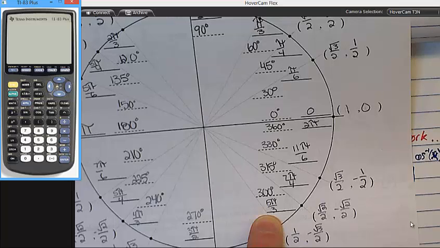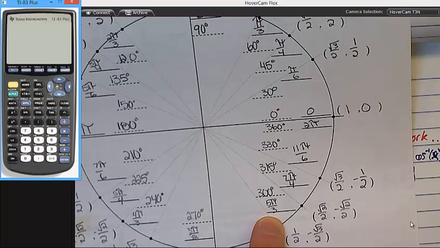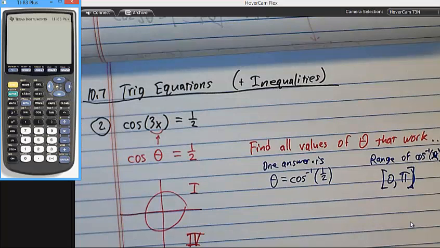But the problems that I assigned on the homework, the unit circle wasn't very helpful. You had to draw your own picture and use the calculator. So let me try it again with the calculator. Suppose I typed in inverse cosine of 1/2.